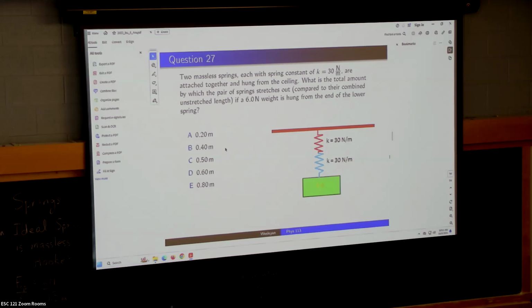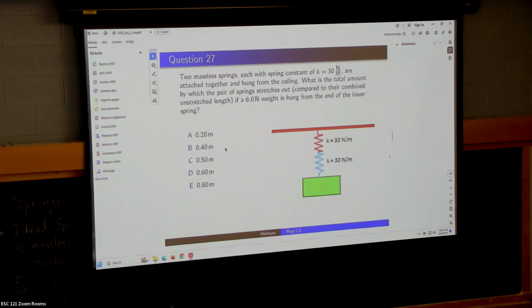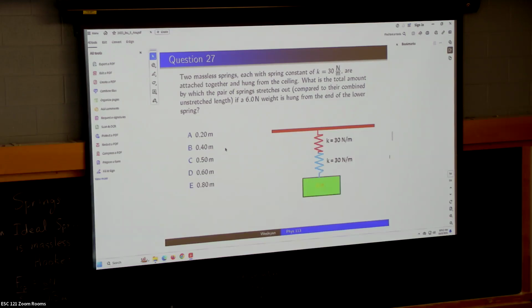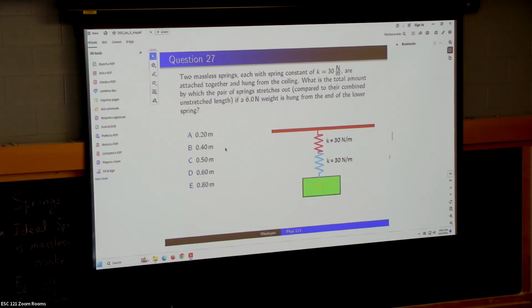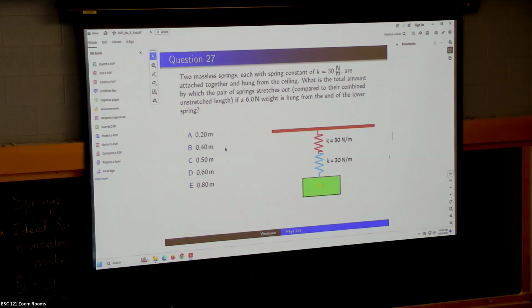Is it plus 6 meters attached or 6 meters? No, I think that means the bottom spring goes down on that side.